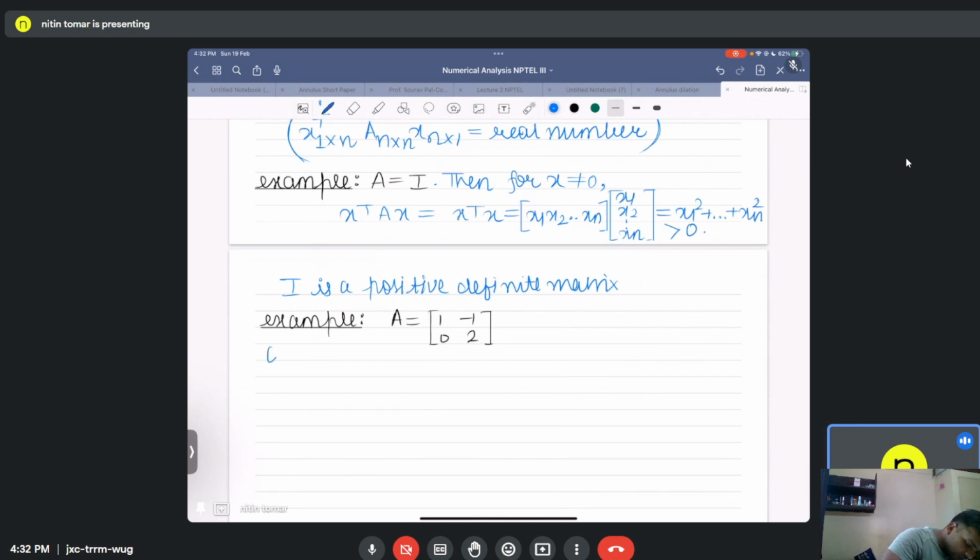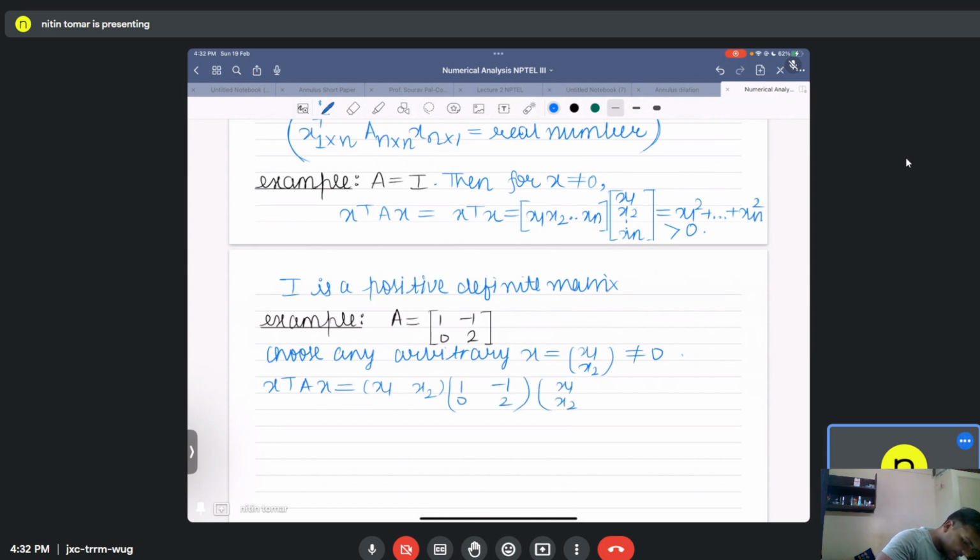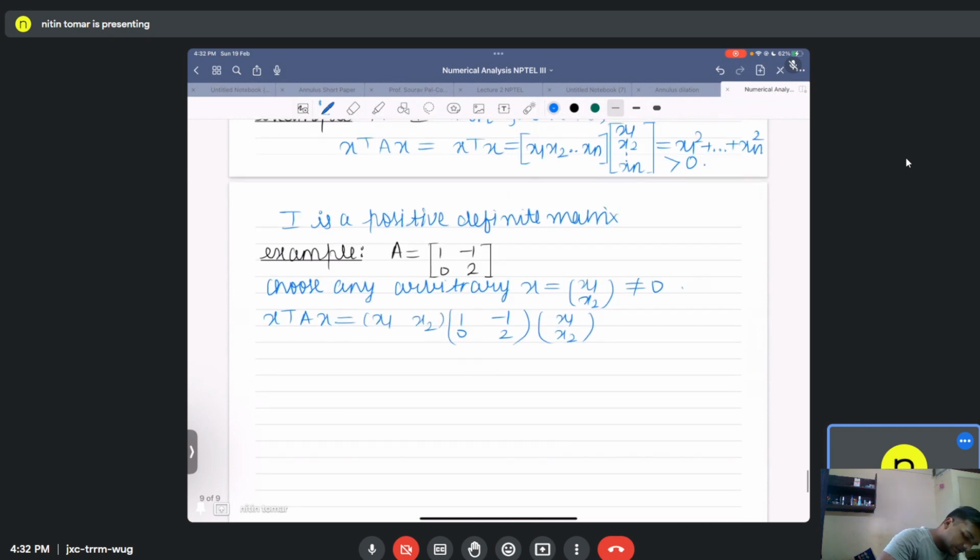You first choose any arbitrary x equal to x1, x2, which is not 0. Then compute x transpose Ax. It will be x1, x2 times the matrix with rows 1, minus 1 and 0, 2, times x1, x2. Now can you tell me the answer?